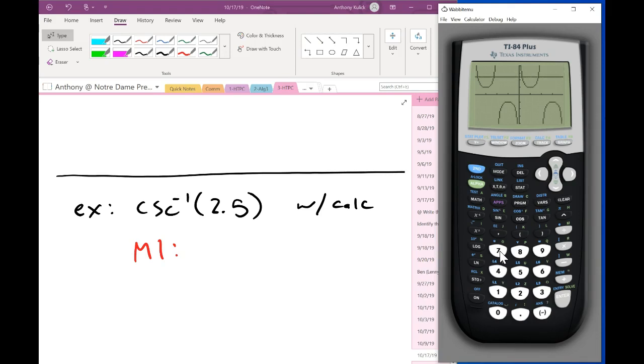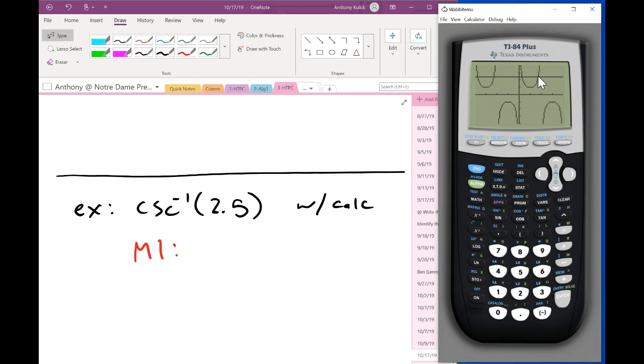Here is 2.5. Everybody okay with that? So how many intersections do you guys see? 1, 2, 3, 4 of them. You guys agree with that?